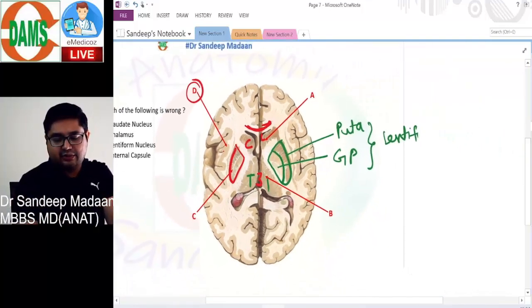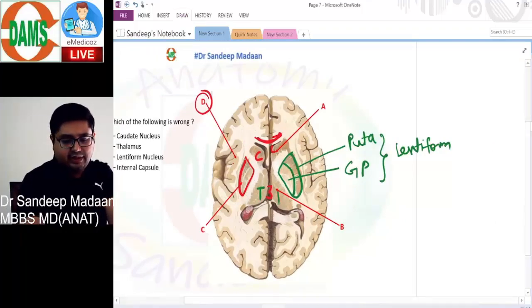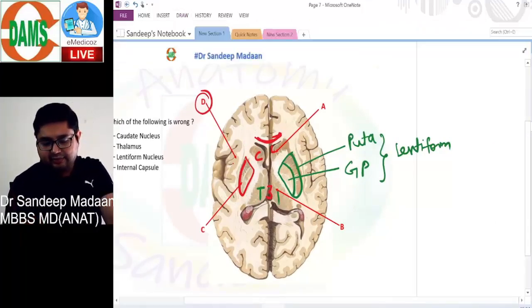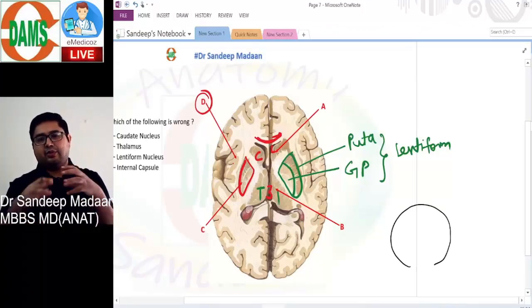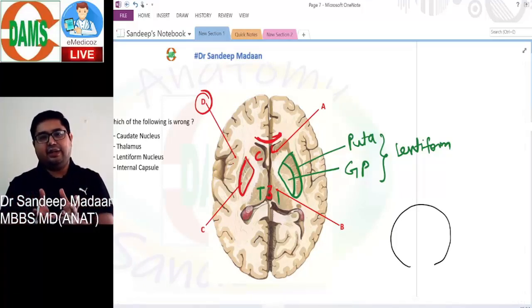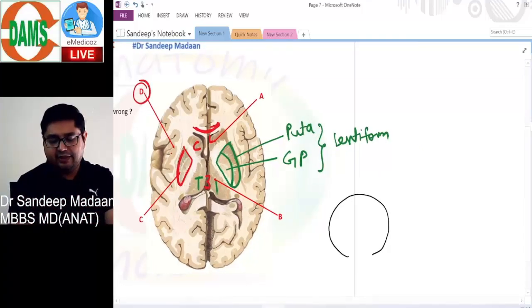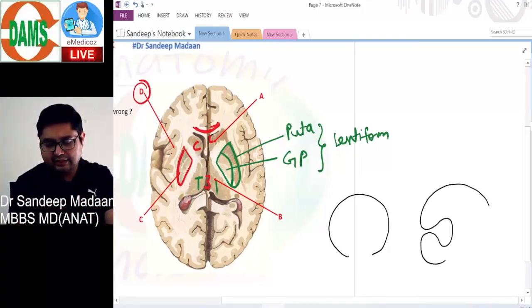Why is it called insula? Because in the initial period our brain matter is like this, but later the brain grows at a very fast rate compared to the containing cranial cavity. So the brain undergoes certain convolutions, and one part of it goes inside like this.